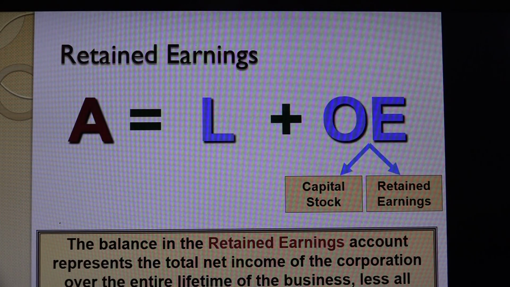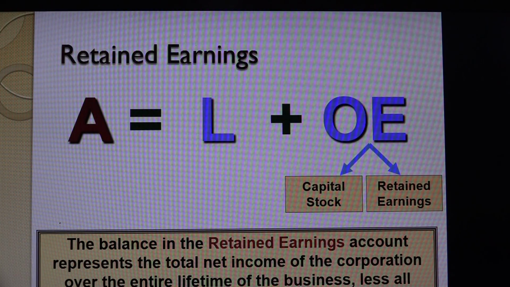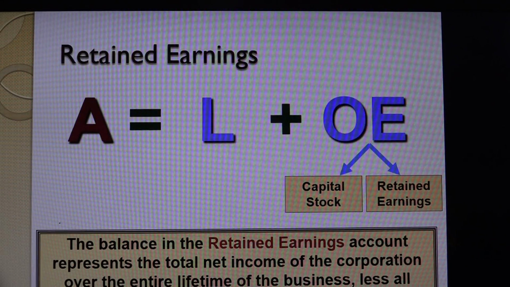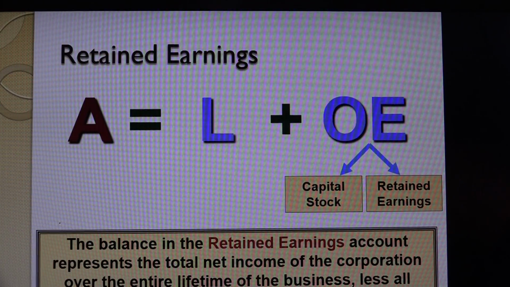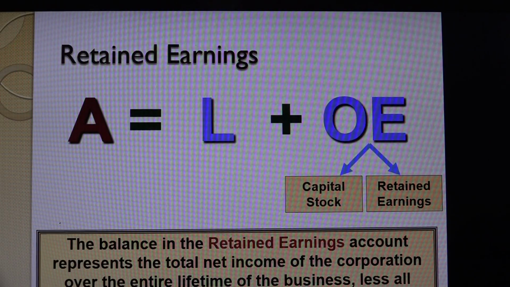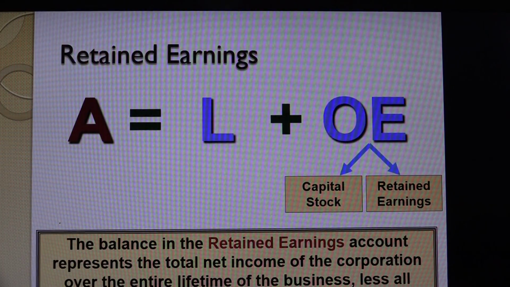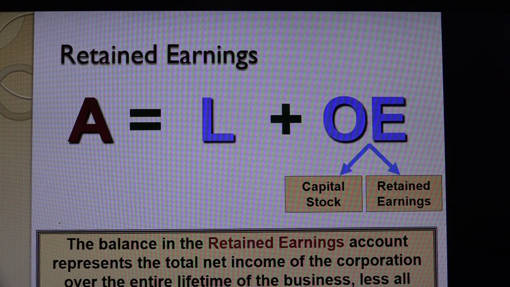And remember that retained earnings after that first year represents total net income of the corporation over the entire lifetime of the business, less all amounts that have been distributed to the shareholders as dividends. Dividends, like expenses, reduce owner's equity. And so to record a dividend, you're going to record a debit. So a debit is an increase in a dividend account because it reduces owner's equity.